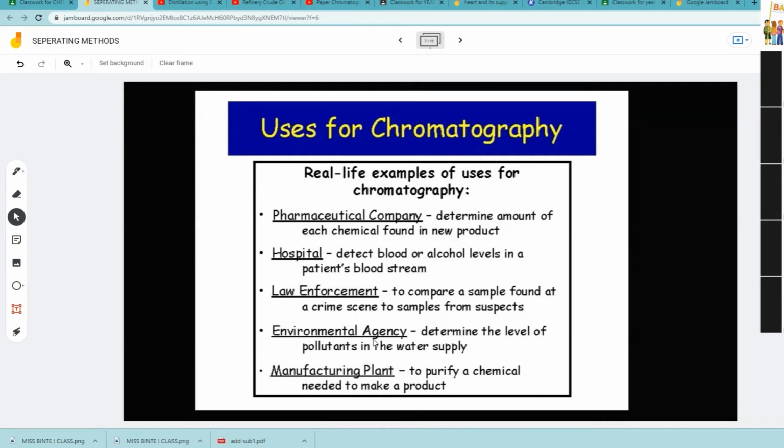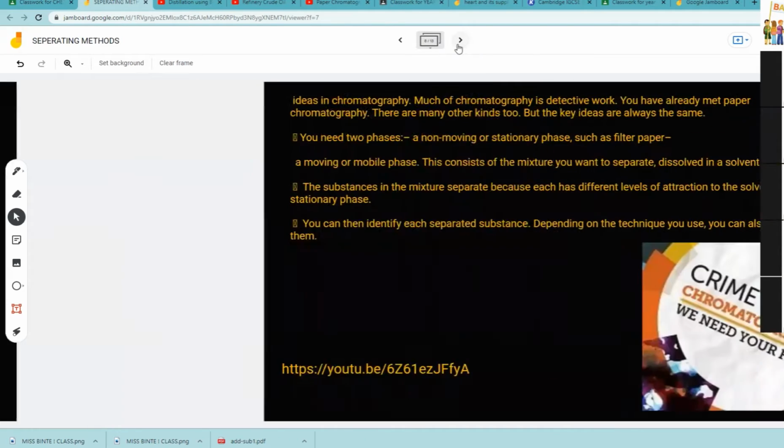These are the areas where we use this technique. So this is an important technique which is used in important fields of life, okay?